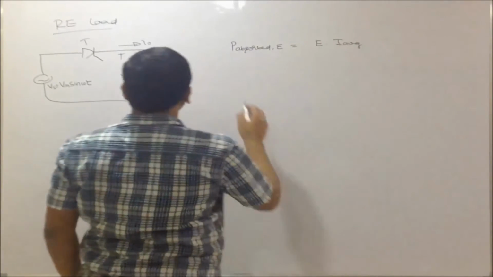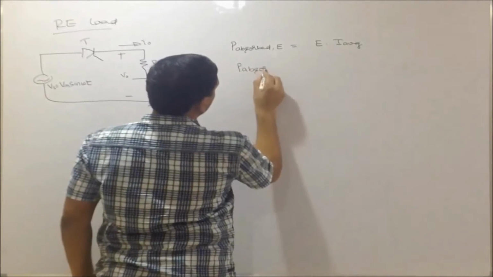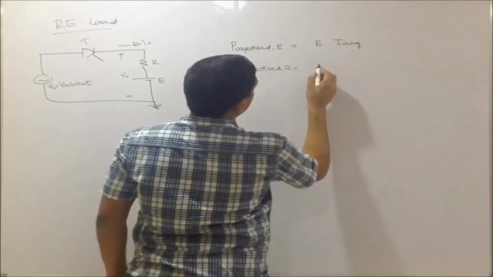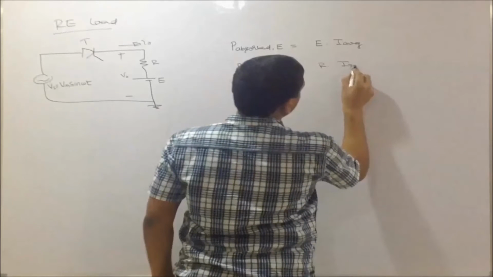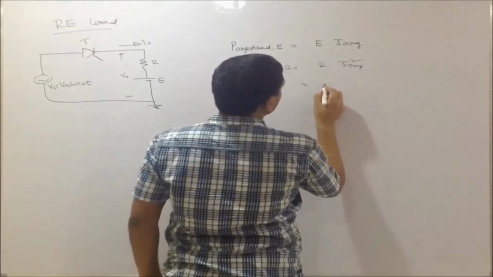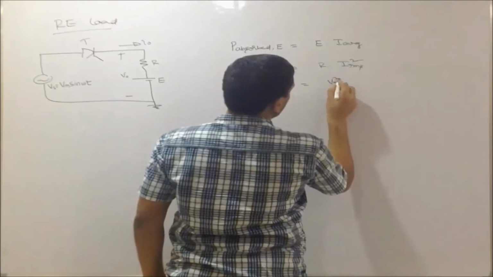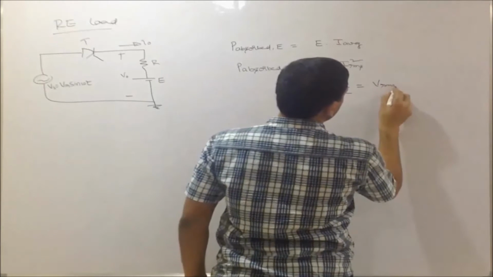Similarly, power absorbed in the resistor is the resistor value into the RMS current squared flowing through it, or it is V RMS square by R, or you can say it as V RMS into I RMS.